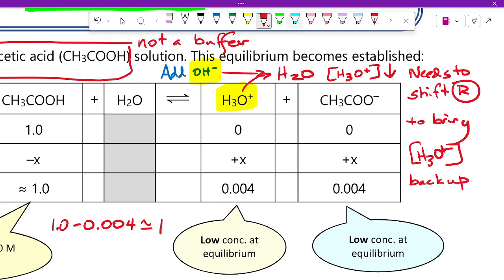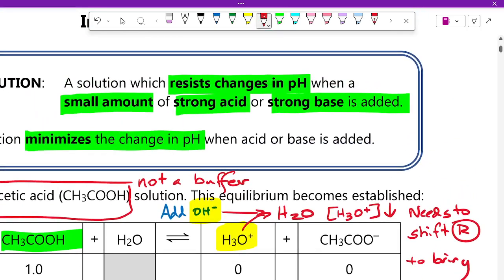If we're starting with 1 molar, is this equilibrium able to shift to the right? Is there enough reactant that we can do that? I have 1 molar CH3COOH. Does that give us enough to shift to the right? Yeah. Remember, how much are we adding? A small amount. Okay, we're not adding buckets and buckets.